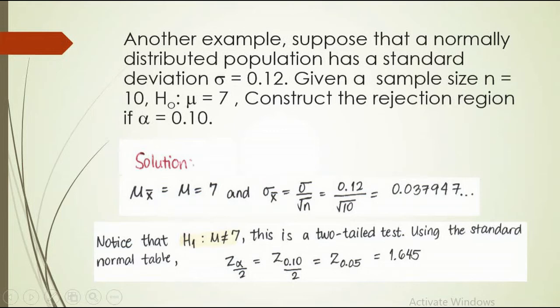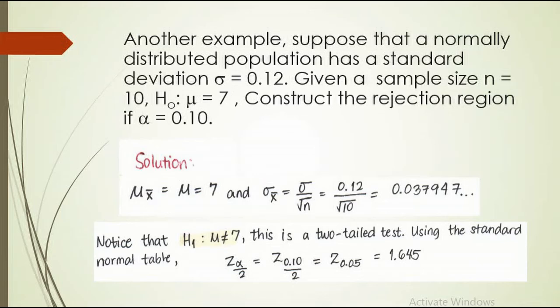That is equal to 0.037947. Notice that the alternative hypothesis, H1: mu is not equal to 7. This is a two-tailed test.